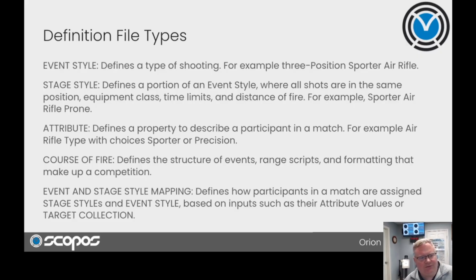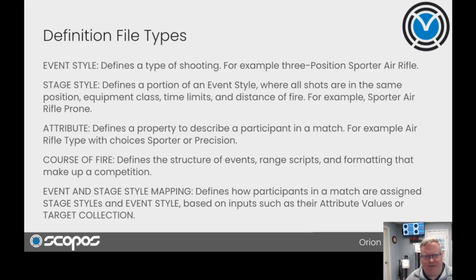At the top, we have event styles and stage styles. Event styles define a type of shooting. An easy example that a lot of people here in the United States understand is 3-position sport or air rifle. That is a type of shooting. The stage style breaks the event style up into its components.